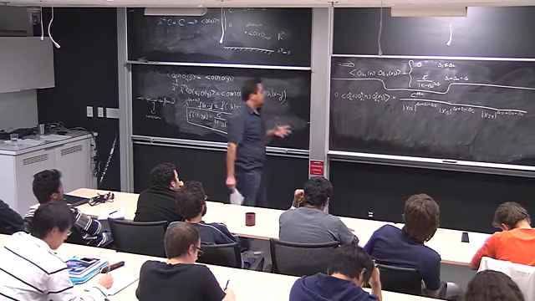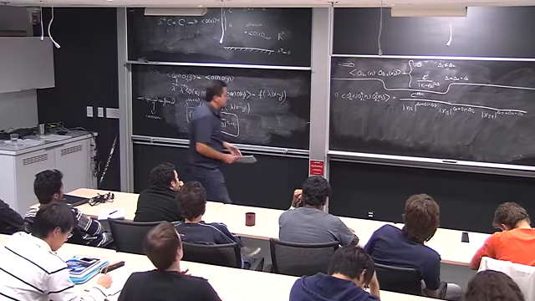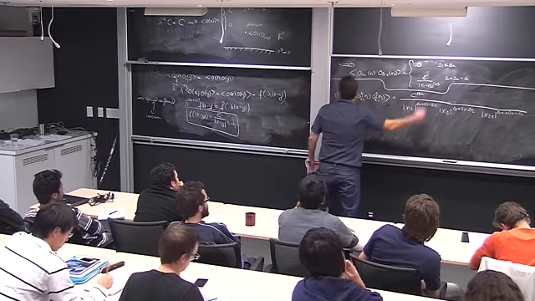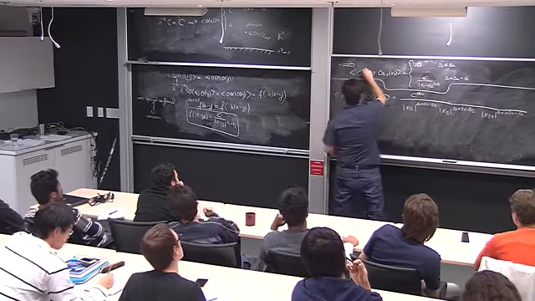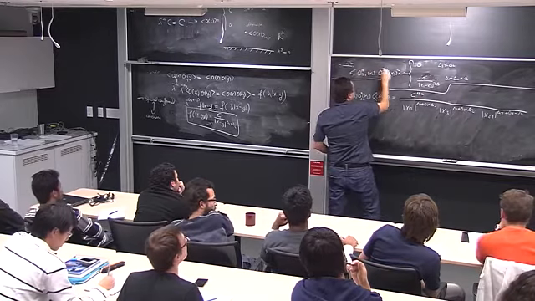So there are two invariant tensors in this game. Let's call it C_ABC for the three-point function. Here I could have called this G_AB.